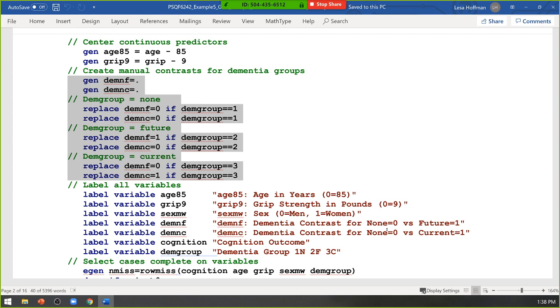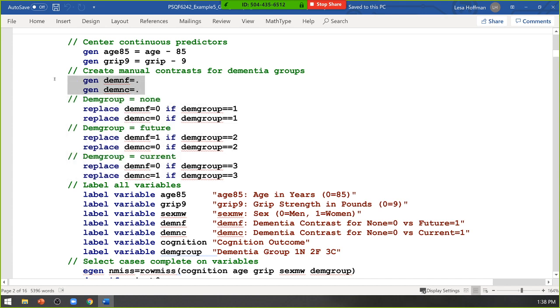Because if somebody has missing data, their score is going to be set to 0 still, even though it should be missing. So what I did here is a more responsible version of that, and it is also what happens in SAS the way that I've coded it. I generated the new columns, but I set them to missing. So equals dot is missing data in both SAS and Stata.